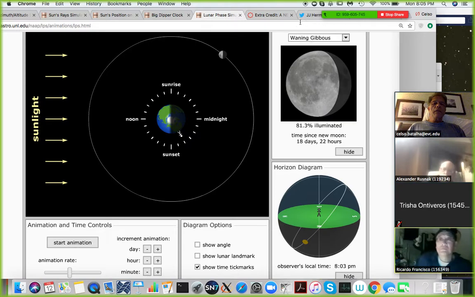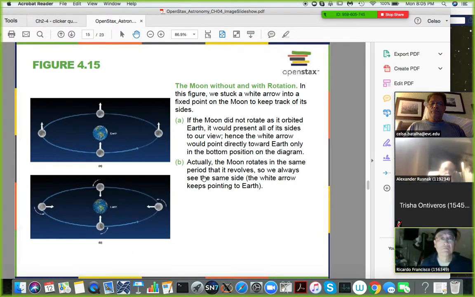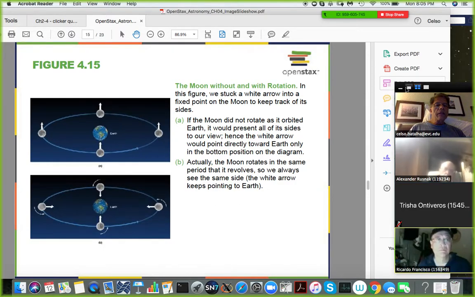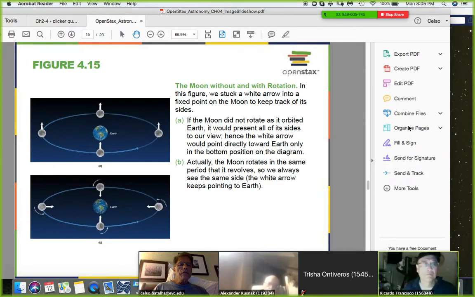So let me get my PDF here. The first thing you do, oh, but I don't have an annotate. How can I annotate? How do I annotate here? Can I do annotation? I can't do annotation.